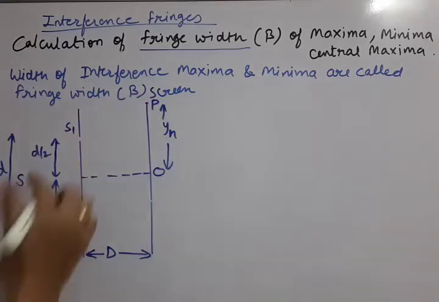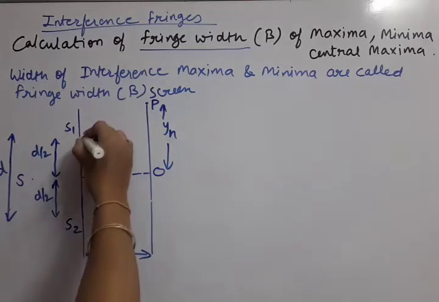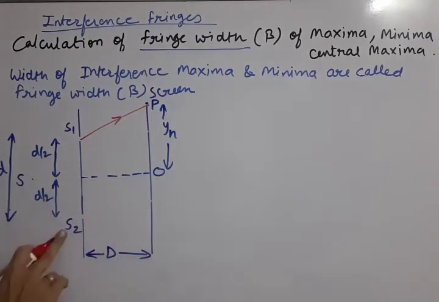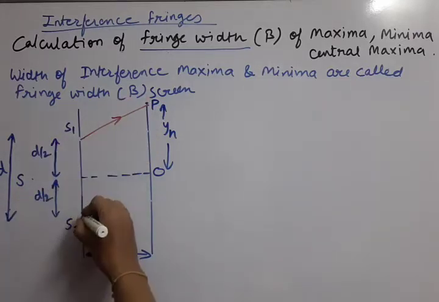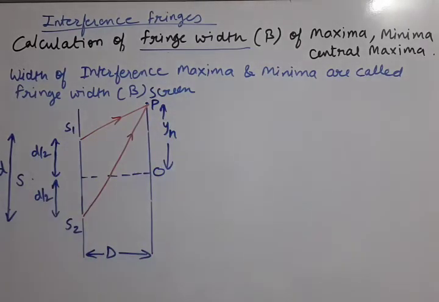We take one ray reaching from S1 to P and a second ray reaching from slit S2 to P. Okay, this way. Now we first need to calculate the path difference between S1P and S2P, because the path difference is related to the conditions of maxima and minima.